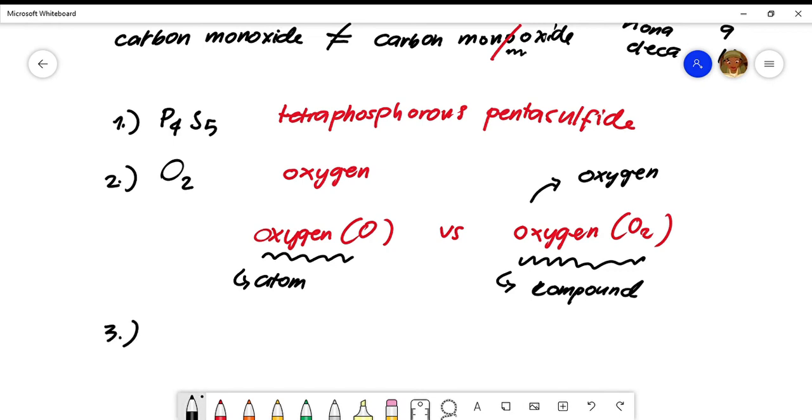So example number 3 would be Cl3F. We simply call this trichlorine monofluoride.